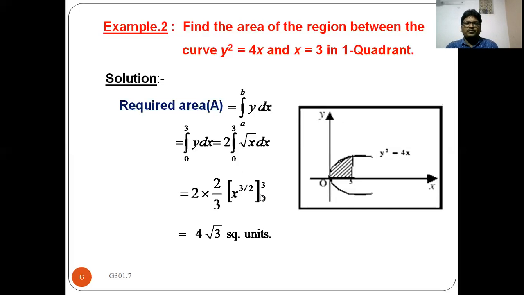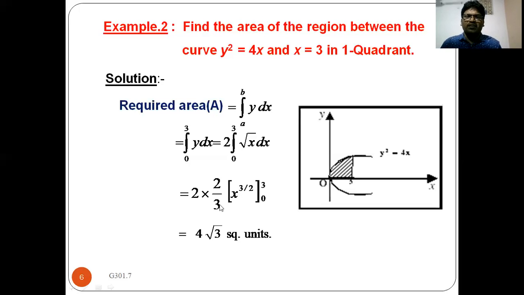3 to the power of 3 by 2 is nothing but 3 cube to the power of 1 by 2. 3 cube is nothing but 27. 27 to the power of 1 by 2 can be written as 3 into root 3.